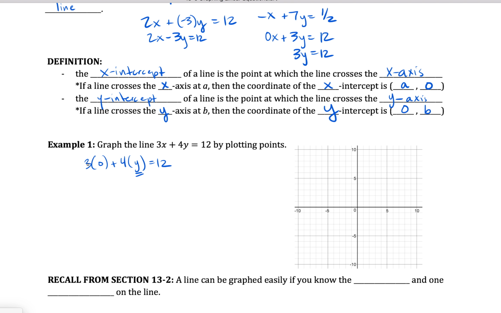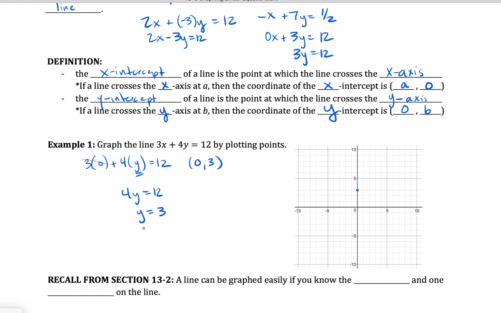So that's going to be a 0, or a gone. 4y equals 12. That would mean that y would equal 3. So we put in a 0 for x, and we found out that the corresponding value for y would be 3. So 0, comma 3 is one point that I can graph. All right, I know my line goes through that point right there, 0, comma 3.